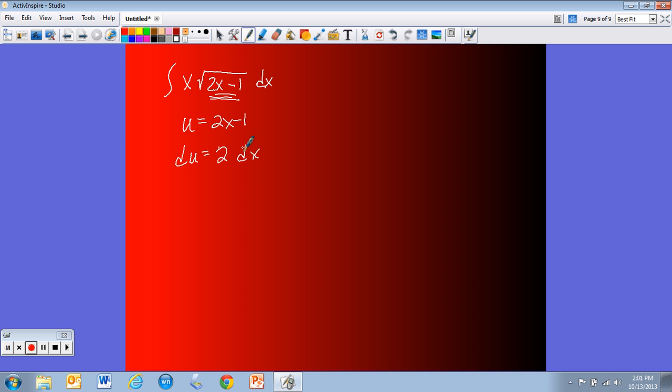So right now, if we replace what we see here, here's what we'd be looking at. We would have the integral of, now this x, I'm just going to recopy because nothing made it go away. And then I've got this square root of u, and then the dx can be replaced not with just a du, but, bring that 2 over, with a 1/2 du. 1/2 in the front, du in the back.